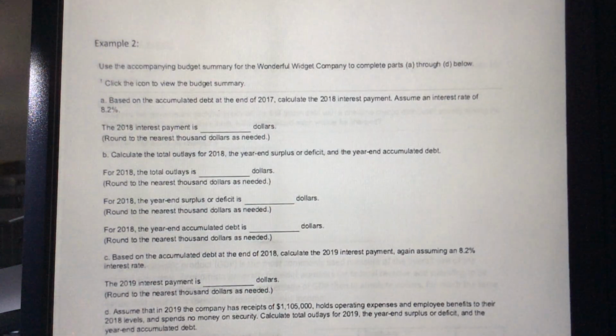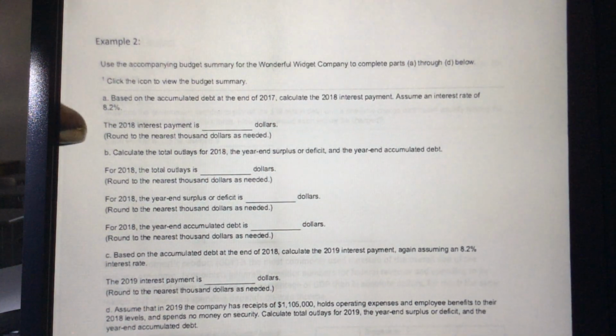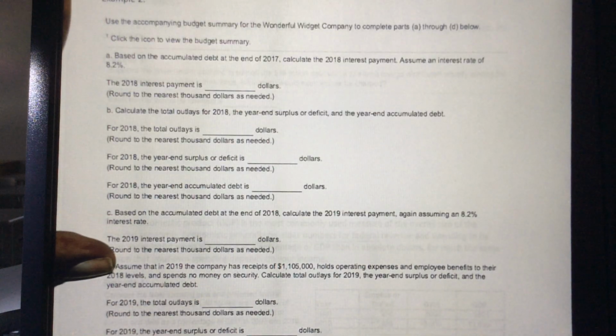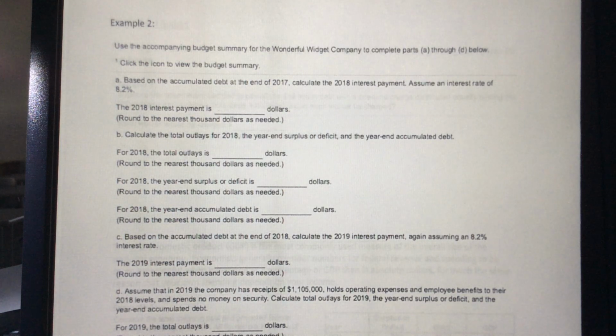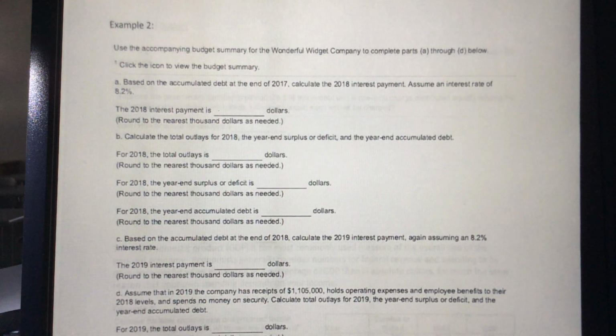All right, so now in this next example, we're going to be using the accompanying budget summary for the Wonderful Widget Company to complete parts A through D below.